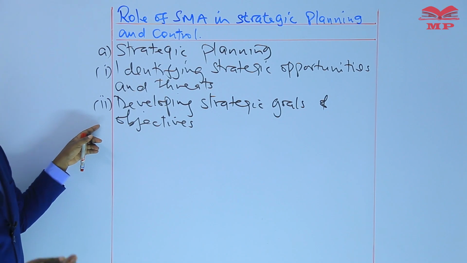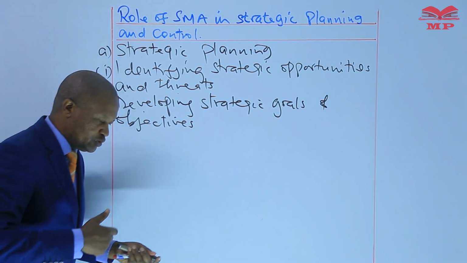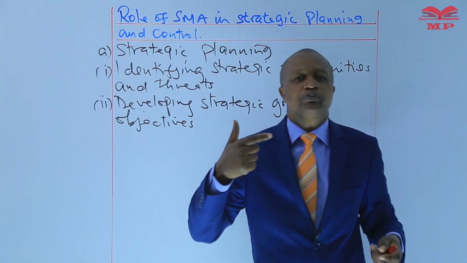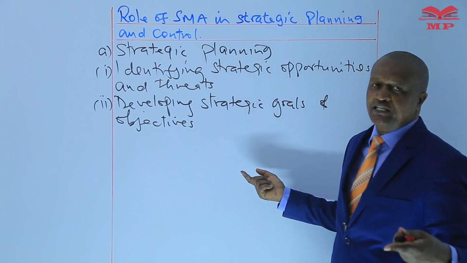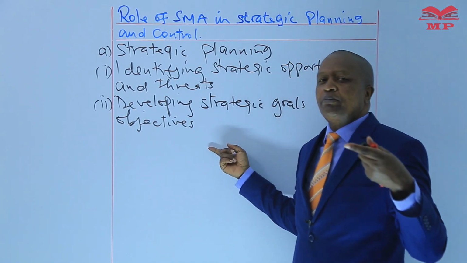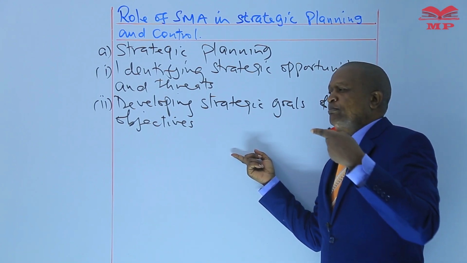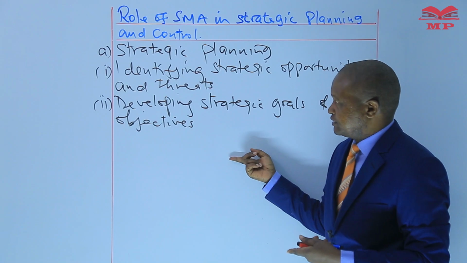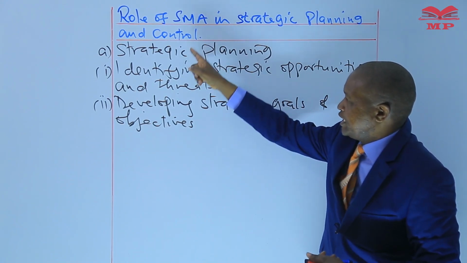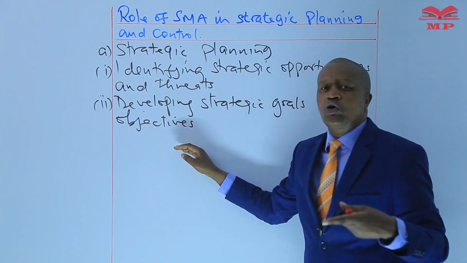It helps translate strategic goals into measurable and actionable objectives by providing data on resources, by providing data on capabilities, and also providing what we call performance benchmarks. So strategic management accounting helps in the development of strategic goals and objectives.